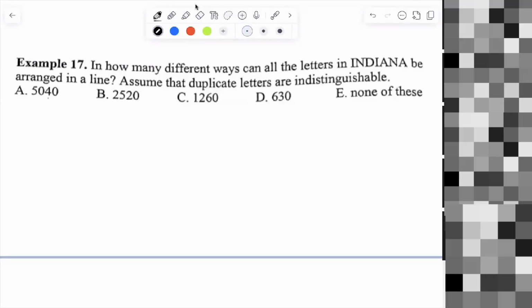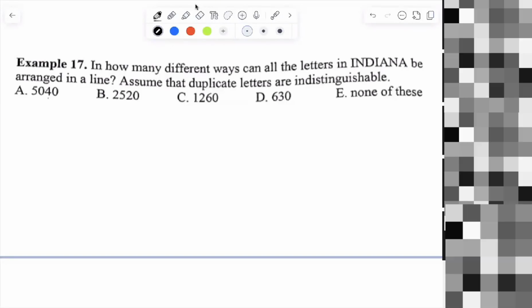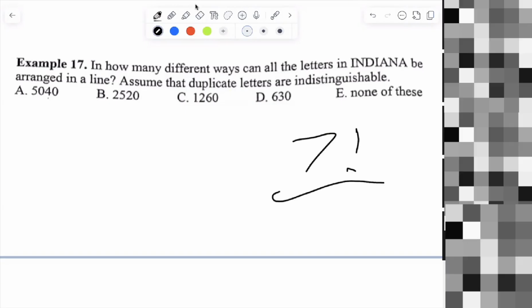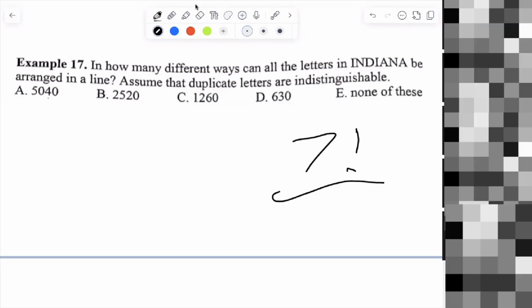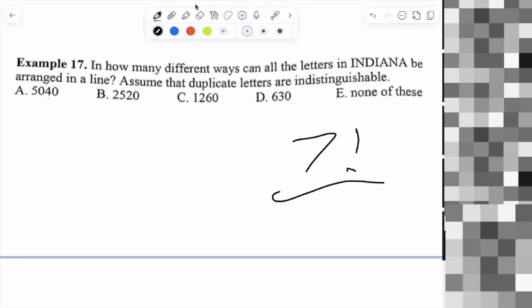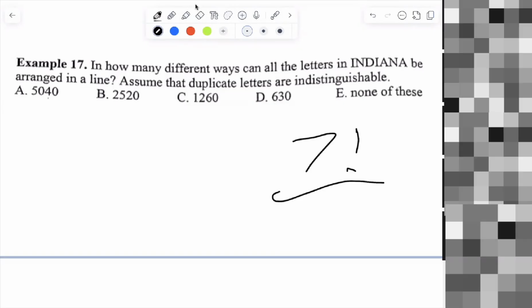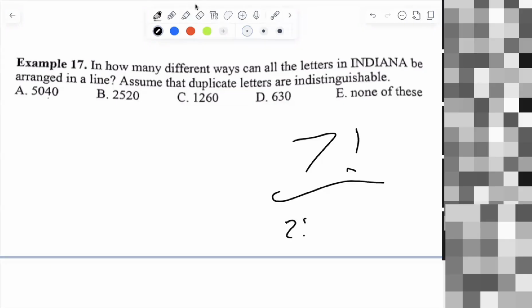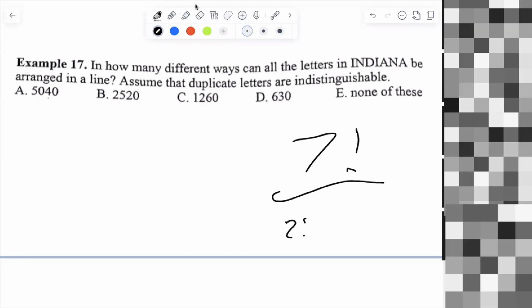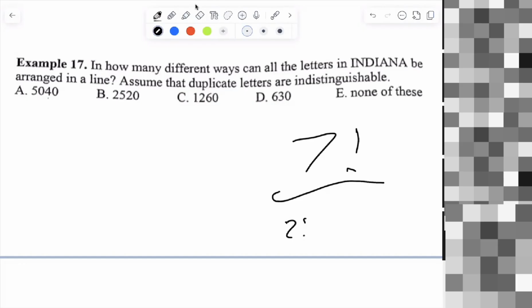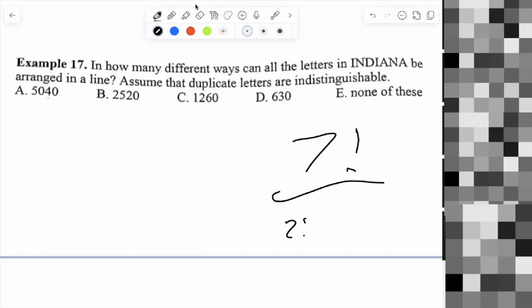There's a total of 1, 2, 3, 4, 5, 6, 7 letters, so 7 factorial. In the denominator, we have to divide by the duplicate numbers. For I, there are 2 duplicates. For N, there are 2 duplicates. So divide by the number of duplications for each letter that's duplicated. For example, I is 2, so we write 2 factorial.